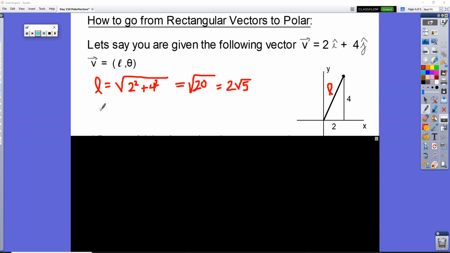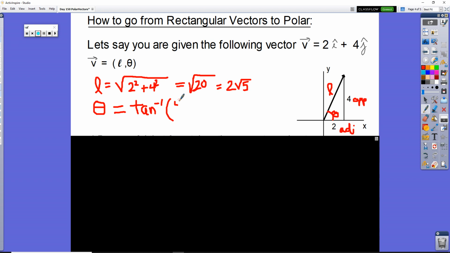Now, the next thing that you're going to have to do is find your directional angle for me. Now, the angle that we're looking for is using 4 as its opposite side and 2 as the adjacent side. And the trig function that we know that uses opposite and adjacent sides is tangent. But what we're looking for is what the angle is. So remember, whenever you're asking what is the angle that has this information, you want to do inverse tangent.